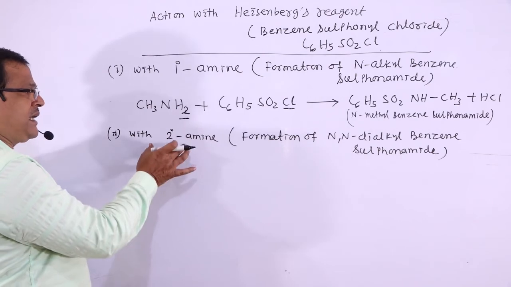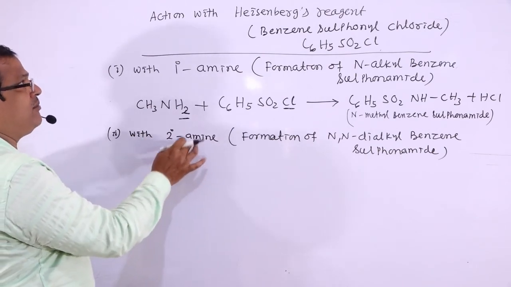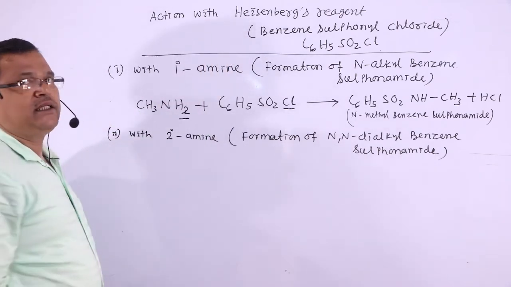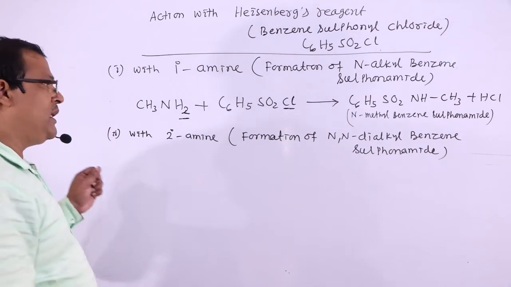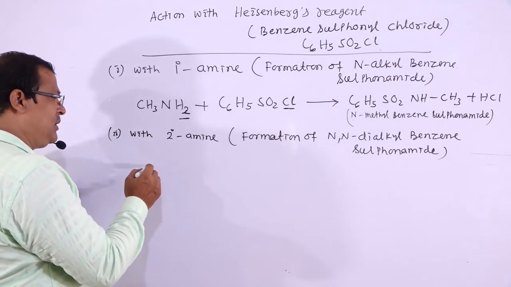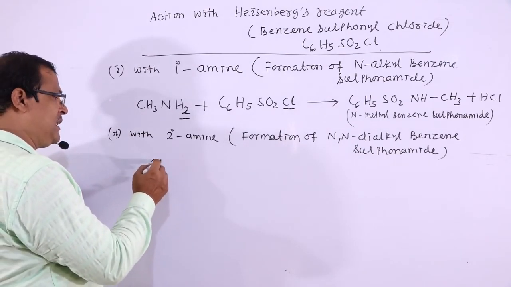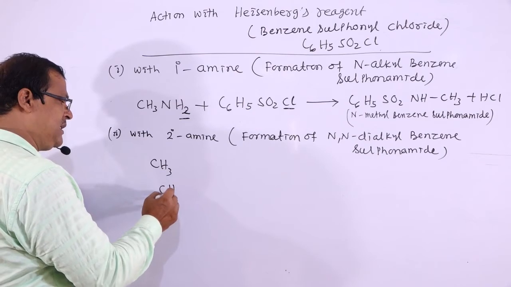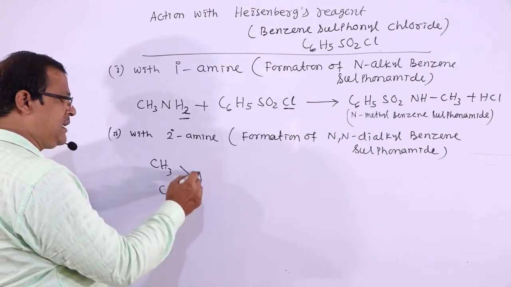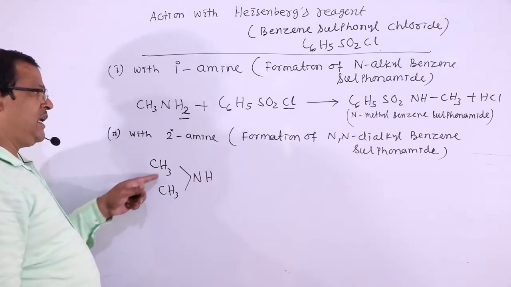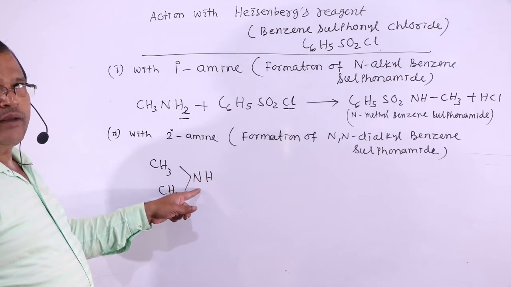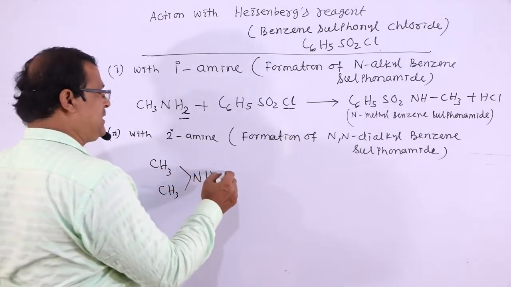So this is the reaction of secondary amines with Hinsberg's reagent, benzene sulfonyl chloride. We will take the example CH3 NH CH3, a secondary amine, that reacts with benzene sulfonyl chloride.